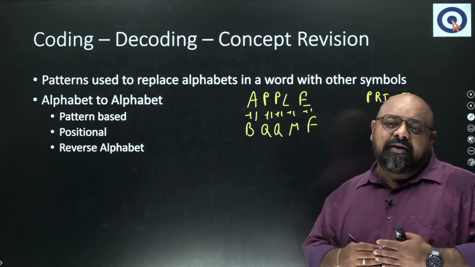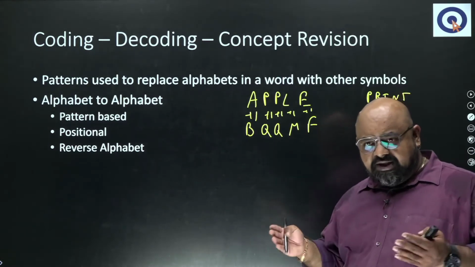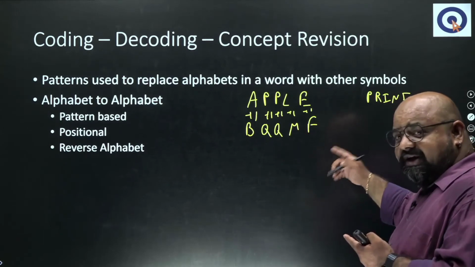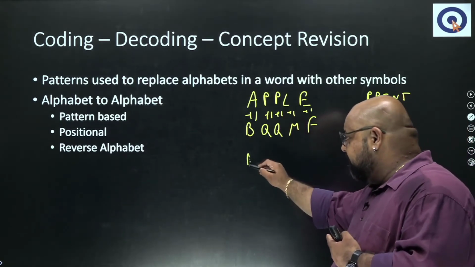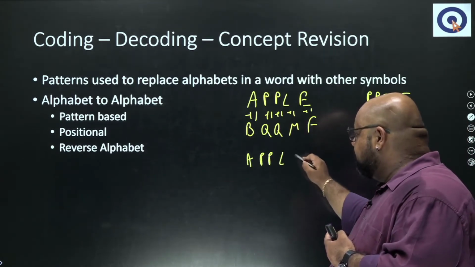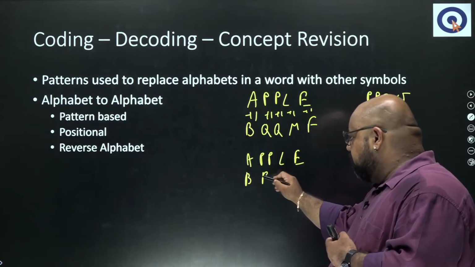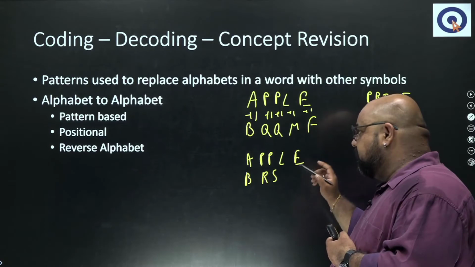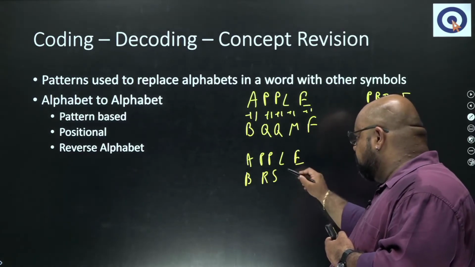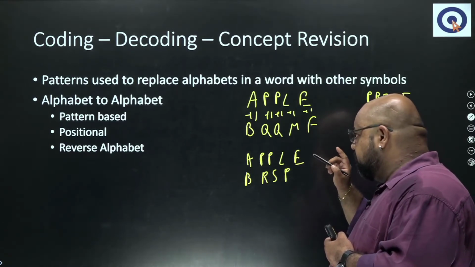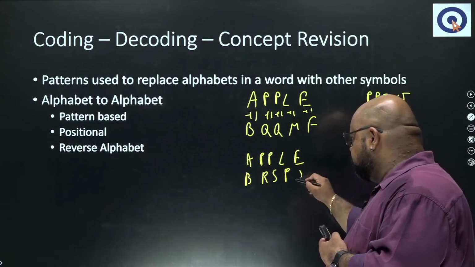Or there could be a pattern which is not as simple or straightforward as this, but there are different additions happening. For example, apple could be coded as B, R, S, P, J.